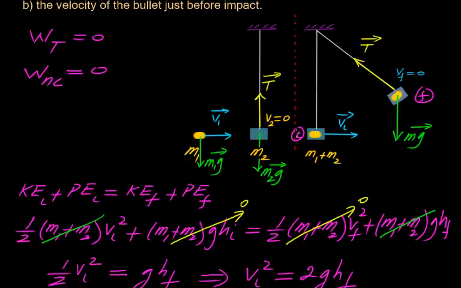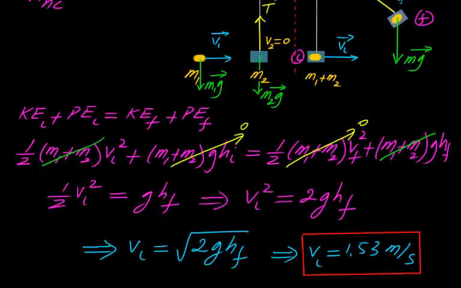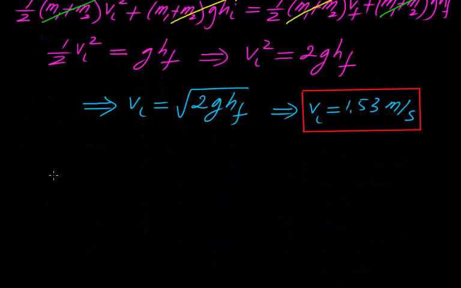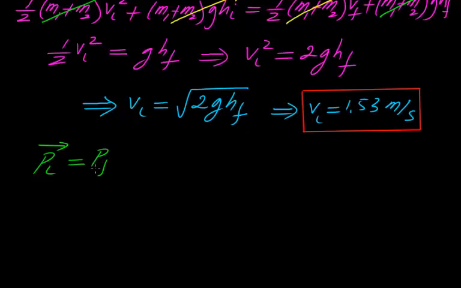Along the vertical, the momentum is not conserved. The momentum before the collision equals the momentum after the collision. Before the collision, the momentum comes from the bullet, which has a mass m1 times its velocity v1, plus the momentum of the block, m2 times v2.